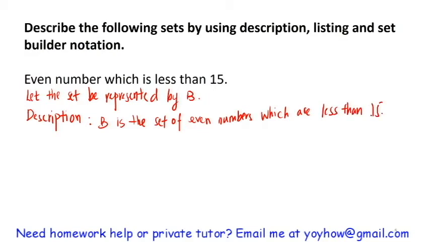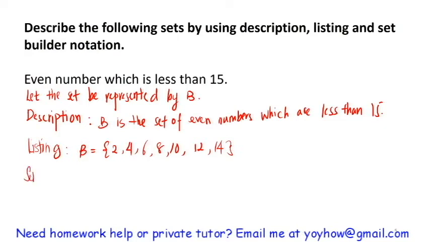Then if we do listing, how? B equals to 2, 4, 6, 8, 10, 12, and 14. All right. And our set builder notation.